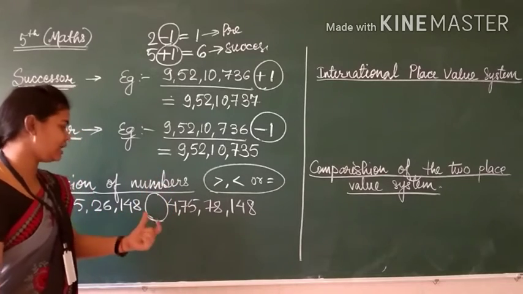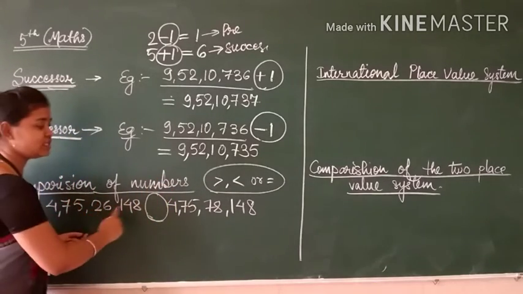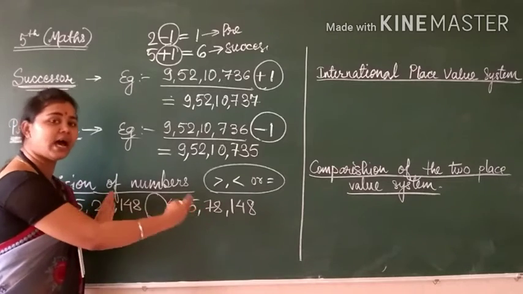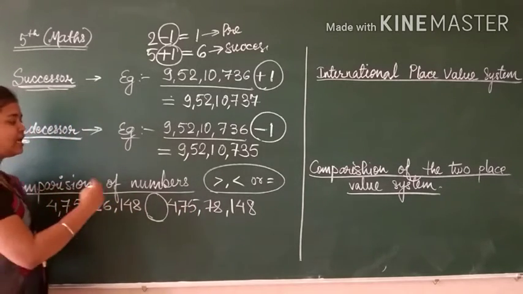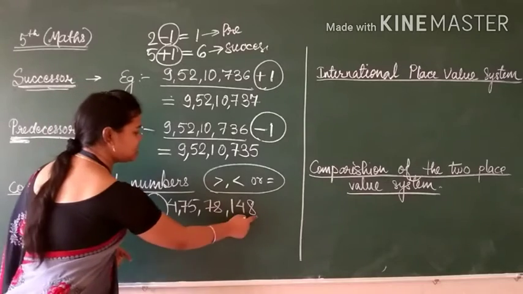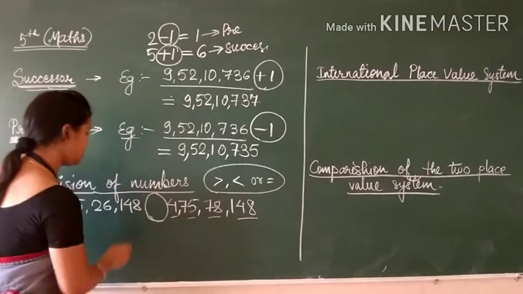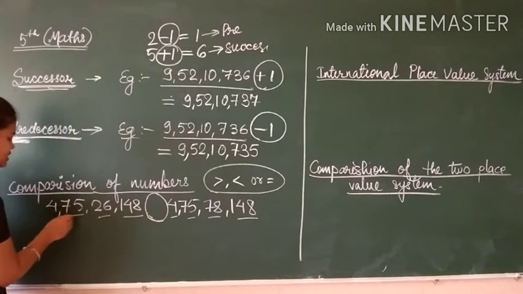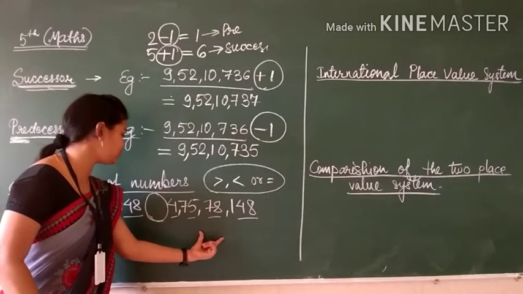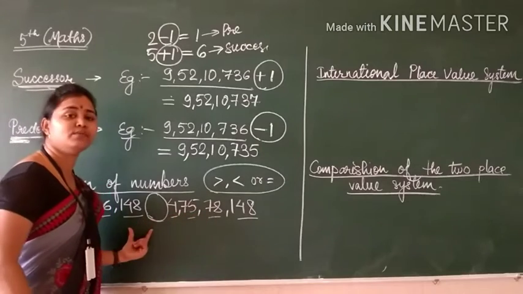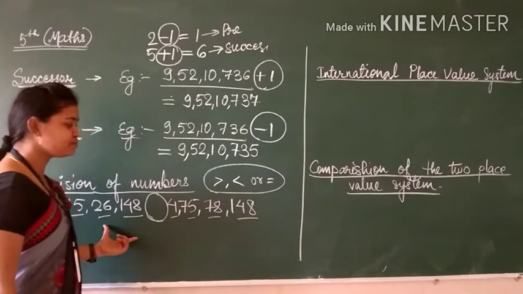The first thing to compare between the numbers is to see whether both sides are having the same number of digits. In the question I gave you, both sides have the same number of digits.